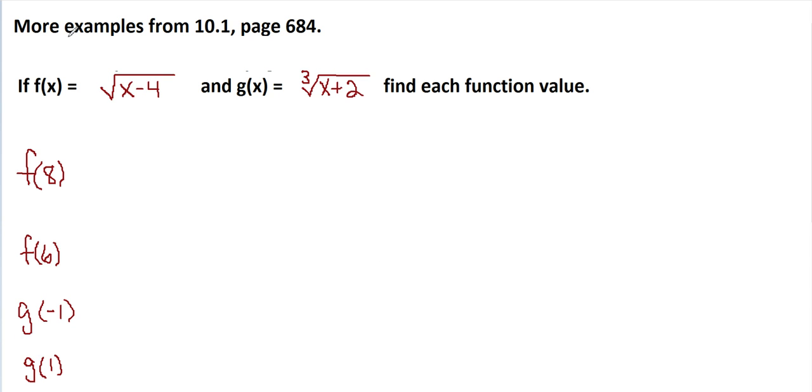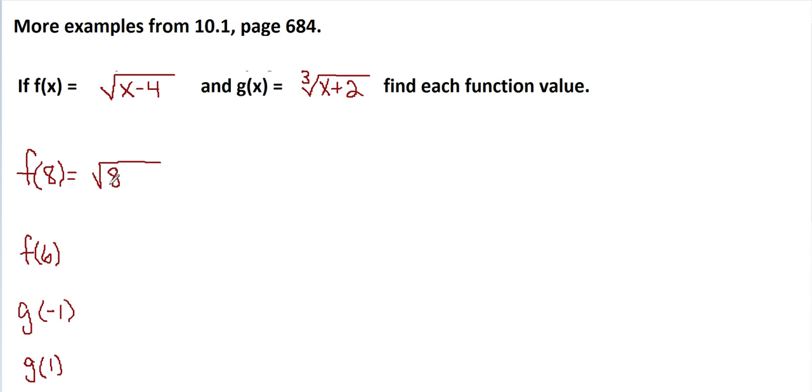In this case, that's the name of the functions. One's f and one's g. And this is talking about what is f of 8. So again, this refers to the f function. And when we replace x with 8, what does that function equal? So it's just a matter of plugging in and computing.